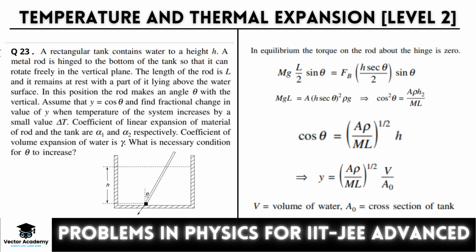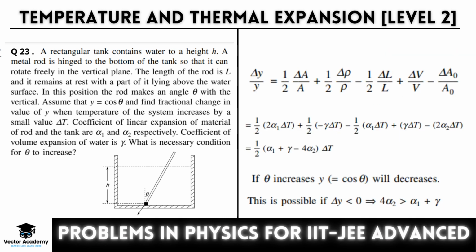In equilibrium the torque on the rod about the hinge is 0. Therefore, mgL by 2 sin theta equals Fb h sec theta by 2 sin theta. Or, mgL equals A h sec theta whole squared rho g, which gives cos theta equals y equals under root A rho upon mL multiplied by volume of water Vw divided by area of cross-section of tank A0.